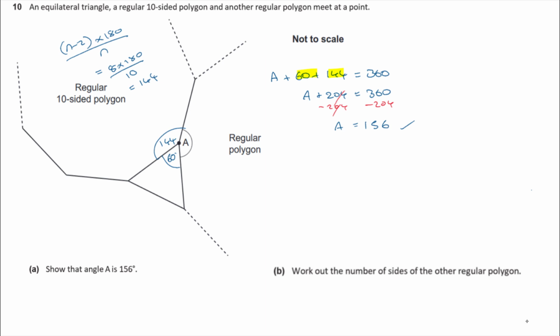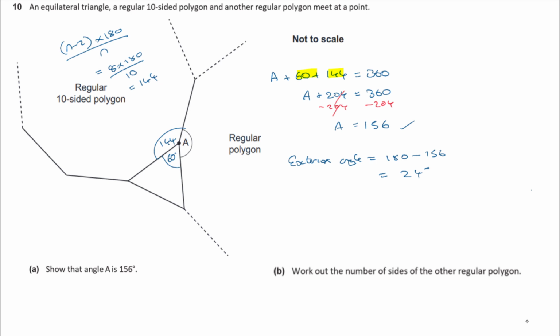Work out the number of sides of the other regular polygon. Well, if the other regular polygon has an interior angle of 156, then the exterior angle is going to be 180 minus 156, which is 24 degrees.